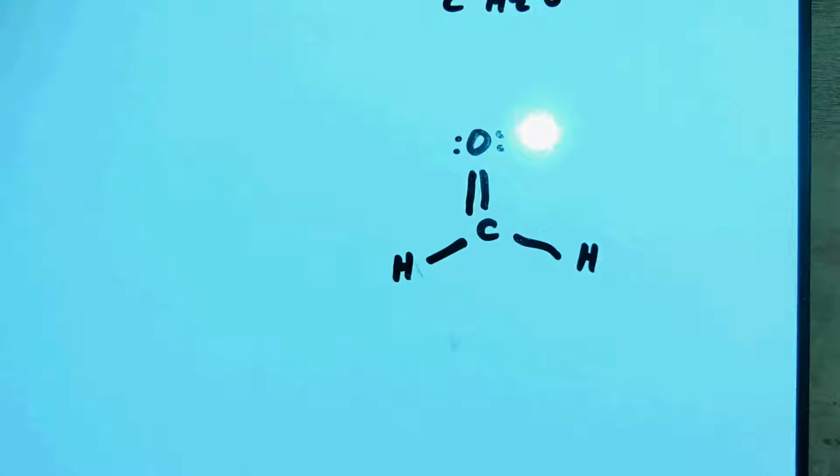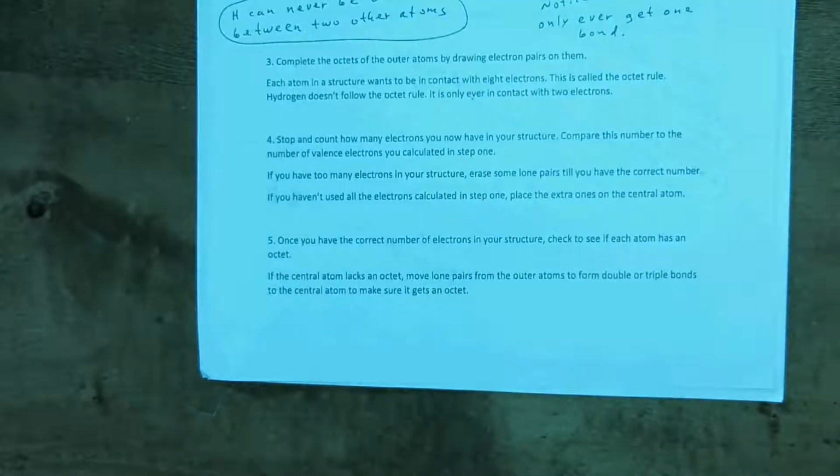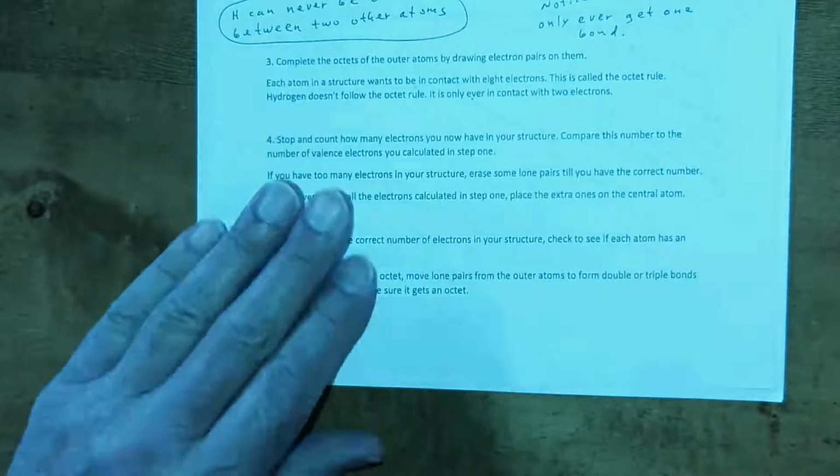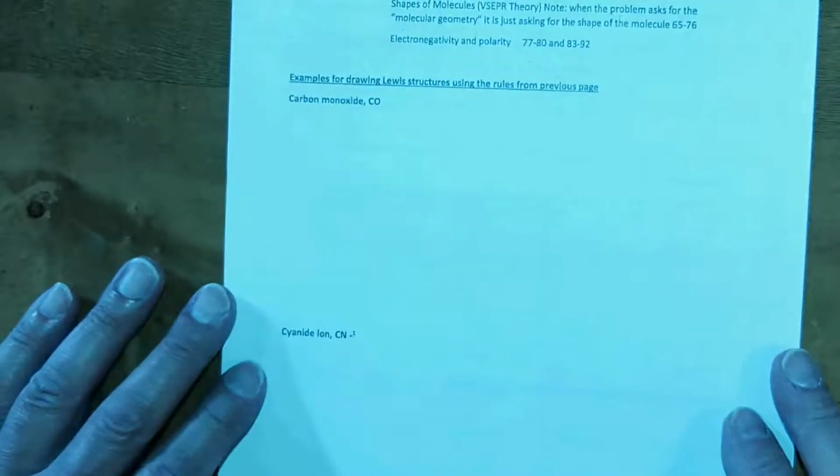So what you want to do now is practice a little bit. If you flip the page here in your notes, hopefully you've printed out these notes and you have them available. I gave them to you in class last time I saw you, so hopefully you still have them. You want to practice, see if you can come up with the Lewis structure for these compounds here.